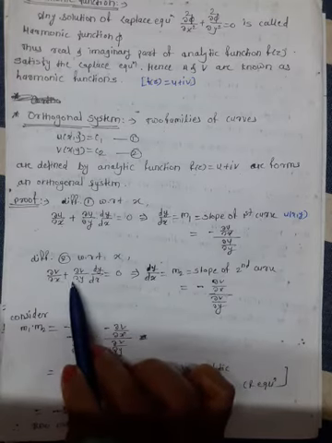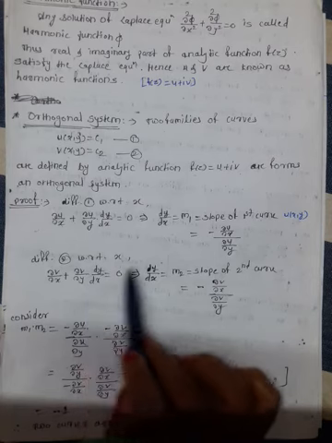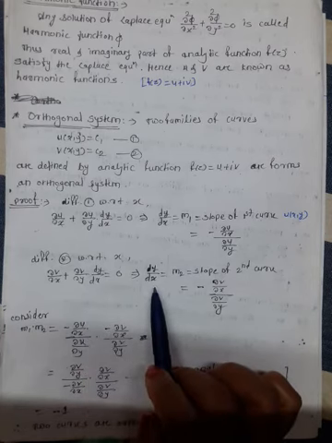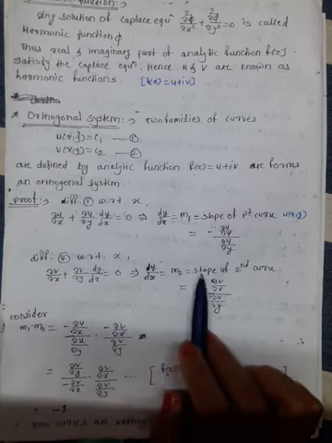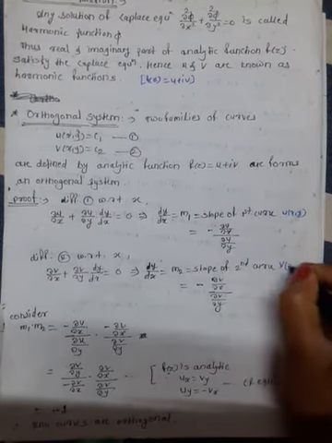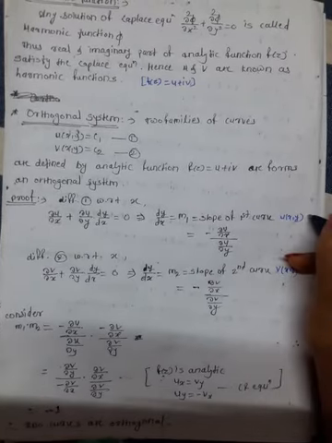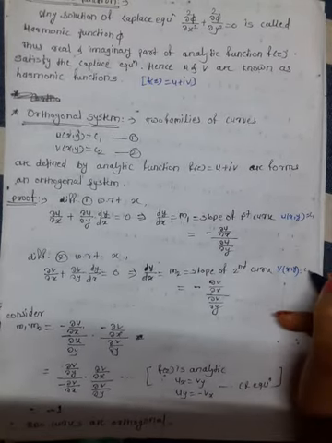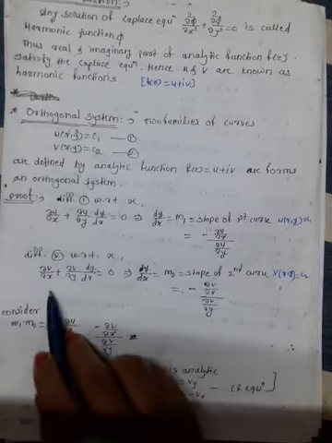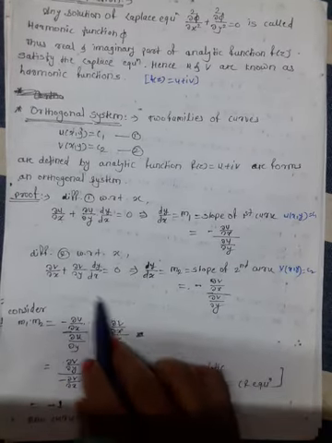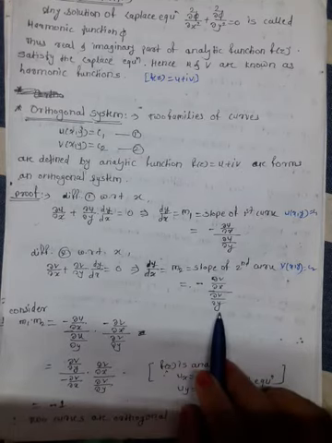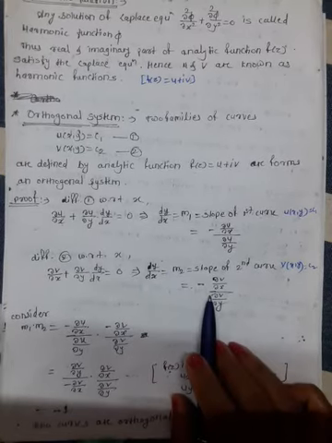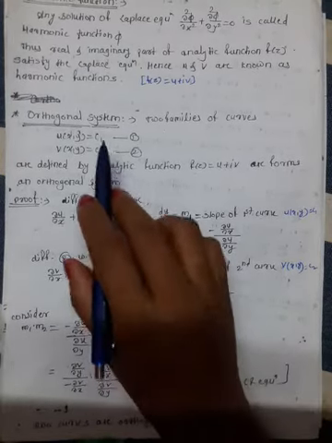We have to find the slope of the other curve, that is dy/dx from here, call it m2, the slope of the second curve v(x,y) = c2. Taking ∂v/∂x on that side and ∂v/∂y in the denominator, we get minus (∂v/∂x) upon (∂v/∂y). These are the two slopes we just found of these two curves.